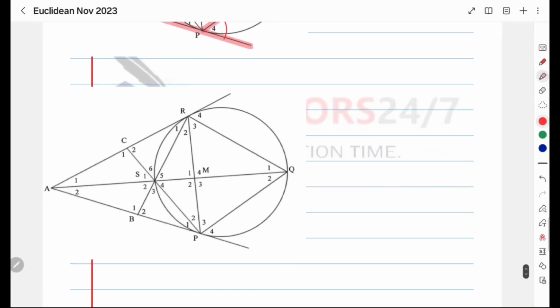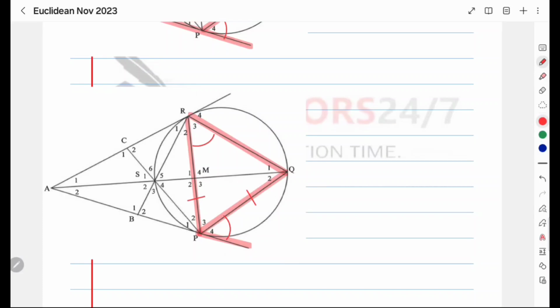Now here, if you notice, the angle P4 is equal to the angle R3. The reason is tan chord. The reason I'm connecting the angle P4 to the angle R3 is because we know that PR is equal to PQ.